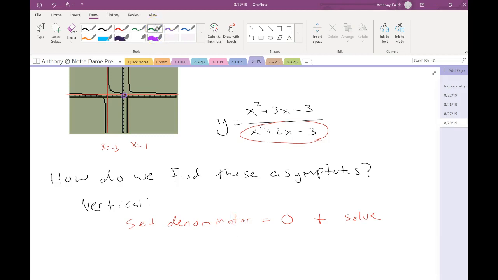But really, that's not precisely correct. I want to add one more word in here: reduced. We need to make sure that we've done any reducing possible, and then set the denominator equal to 0 and solve.